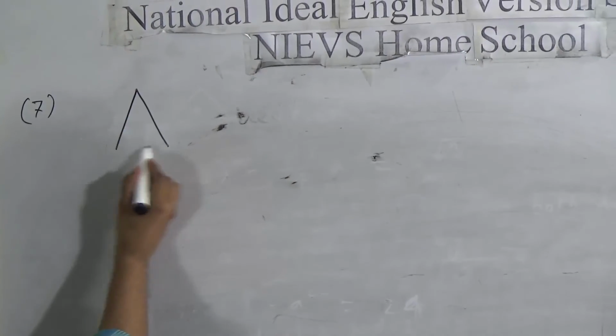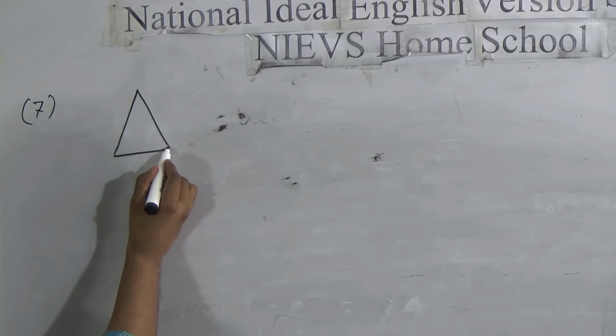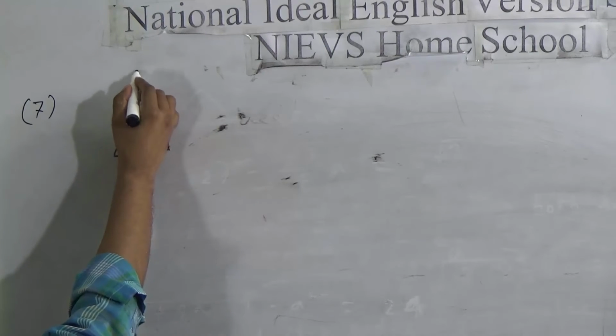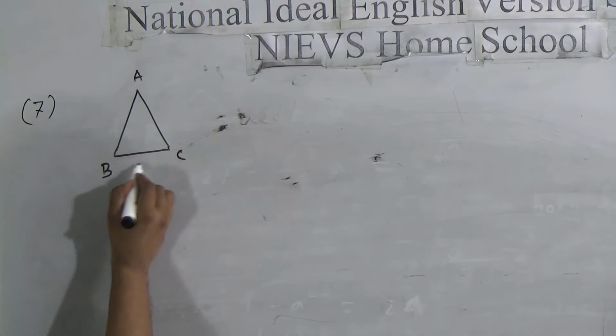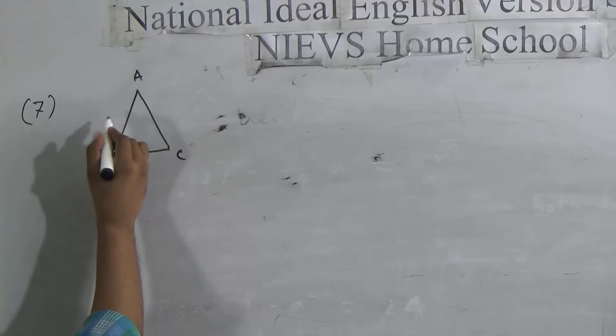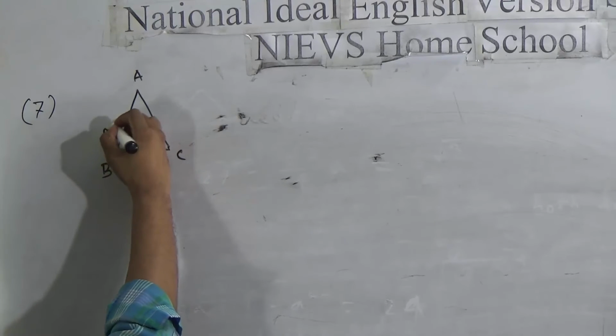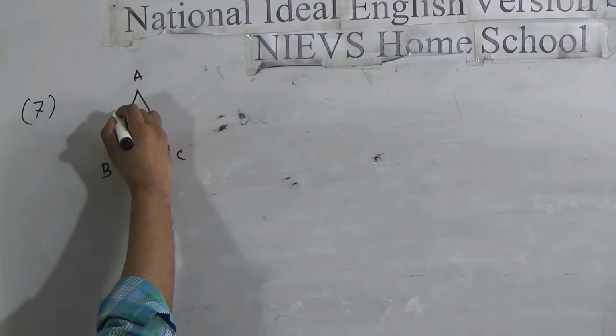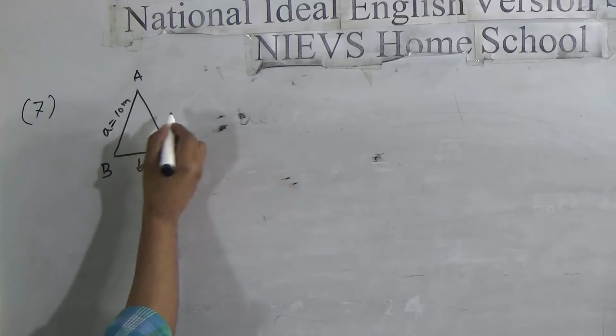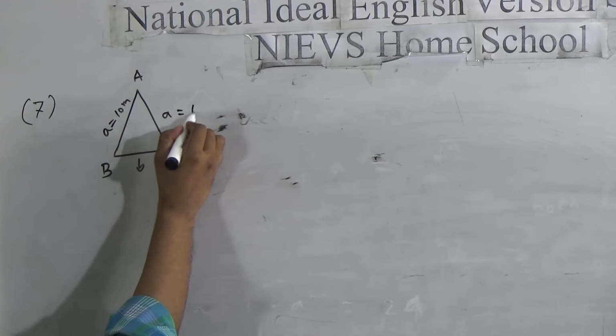Here if we consider this ABC triangle is isosceles triangle, with sides A, B and C. Base is B and equal sides A, here given it is 10 meter, and here also A is equal to 10 meter.